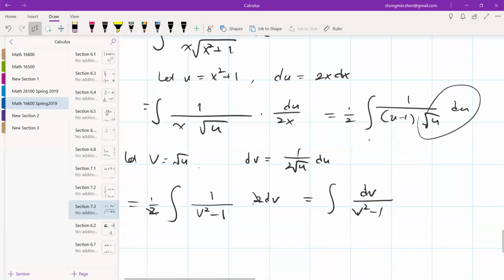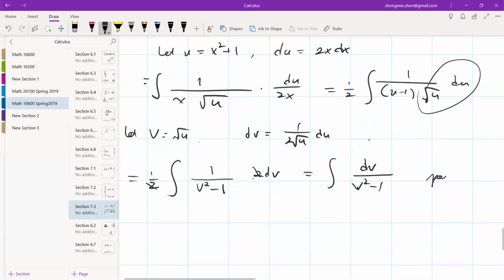You can use a natural log. If you don't want to use a formula, here it is. Page 488. Let's go to page 488.